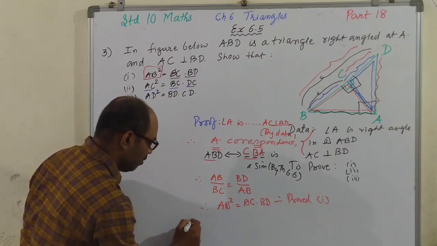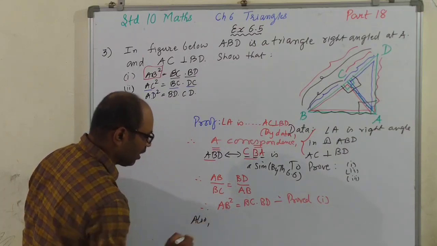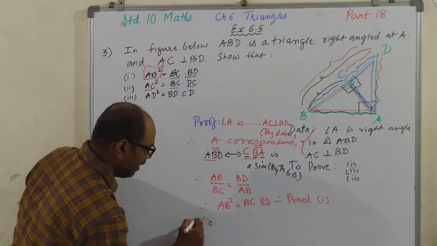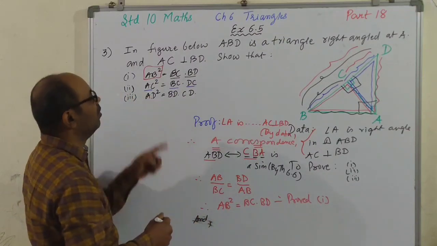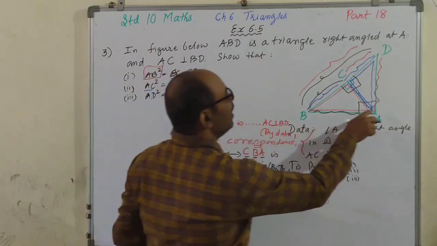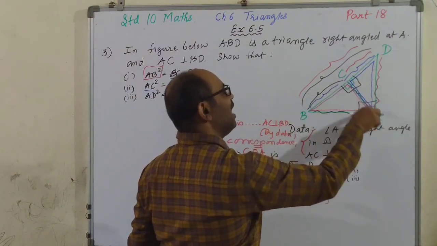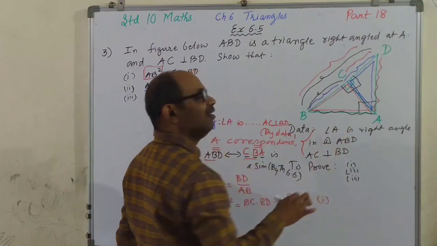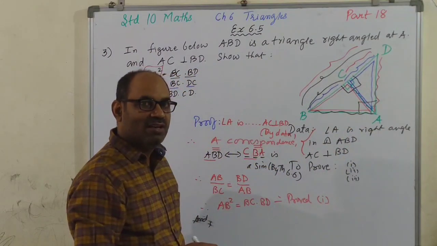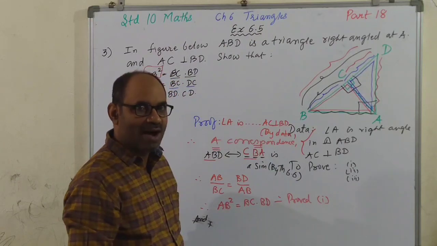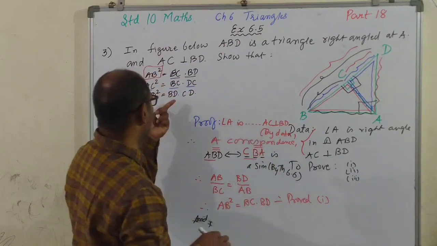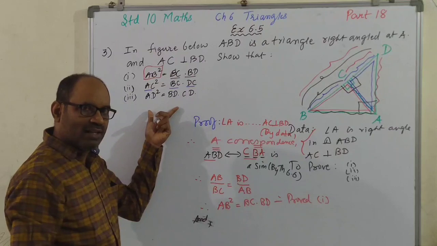Also, and last we will write also, because we want one more. AC is the middle one, between red and blue. Children, you have to find that correspondence. So we can do the third one first.